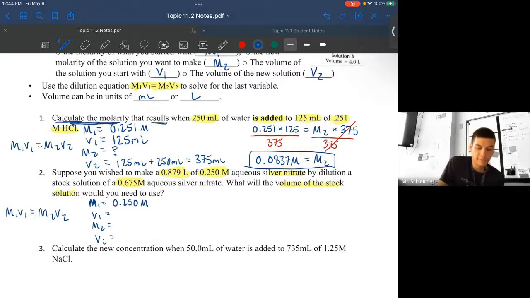My initial volume, I could say 0.879 liters. For my final molarity, I could say 0.675 molar. And then for my final volume, I don't know what this is. Question mark. I will solve for that.